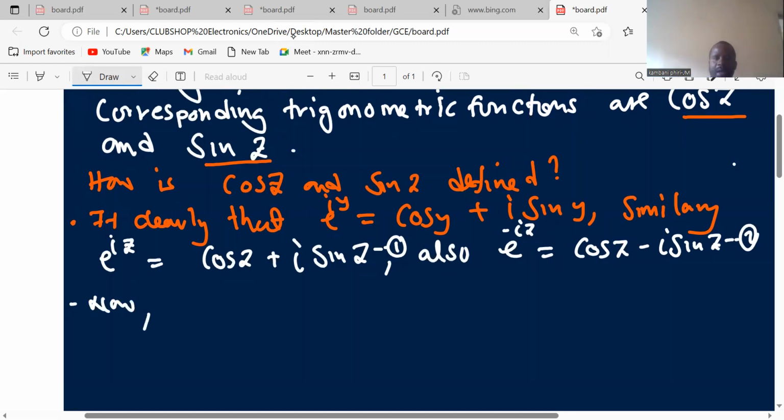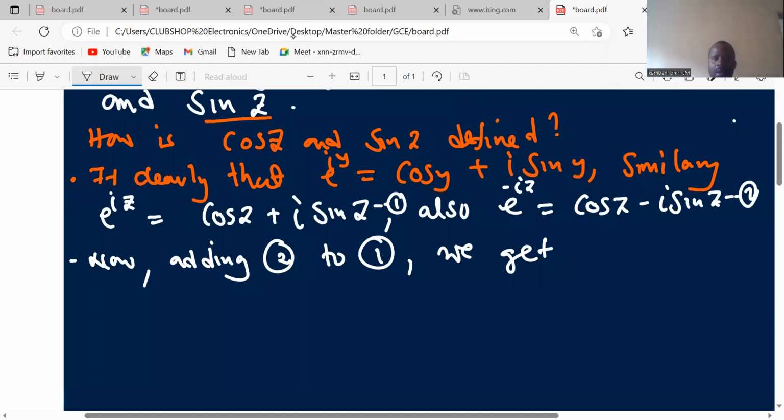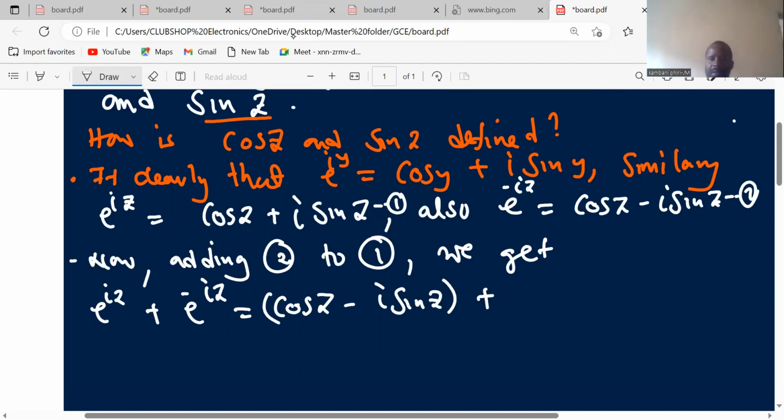Now, adding 2 to 1, we get e to the iz plus e to the negative iz, which is equal to cos z plus i sin z, plus cos z minus i sin z.